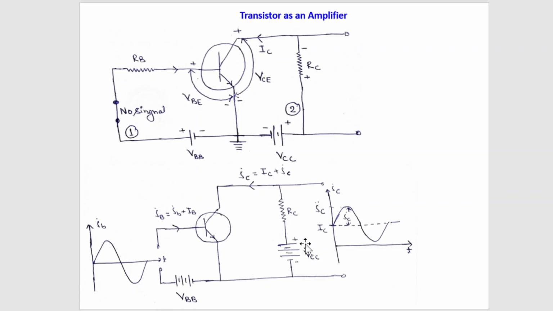These notations I will give in a table, maybe in the next slide. So if your transistor is properly biased and the DC point is known, then when you apply this input AC signal, you get an amplified output collector current. And remember, this input AC signal is changing in magnitude and direction with time.